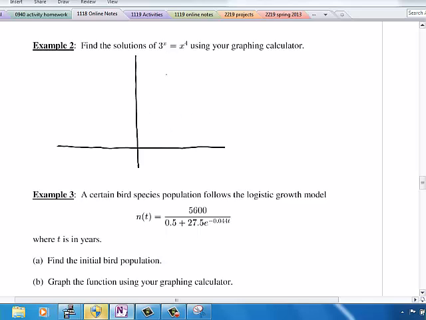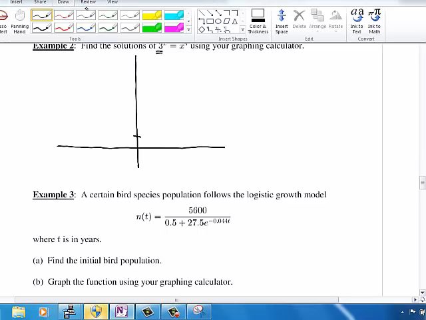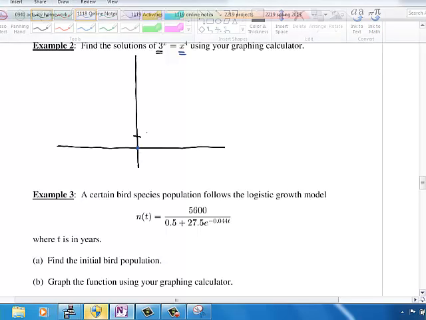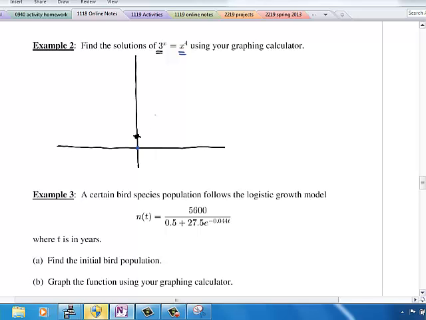But when x equals 0, 3 to the x is going to be at 1. I'll do that one in black. And x to the 4th is going to be at 0. Right? When x equals 1, 3 to the x is going to be at 3. And x to the 4th is going to be at 1.